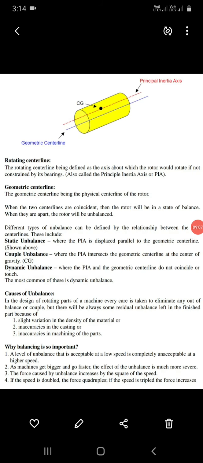As you can see, this yellow shaft has a center of gravity CG away from the geometrical center line. This may cause an unbalance in the shaft. The shaft vibrates violently at higher speeds. To reduce this unbalance, the center of gravity CG and the geometrical center line should coincide and lie on the same axis.